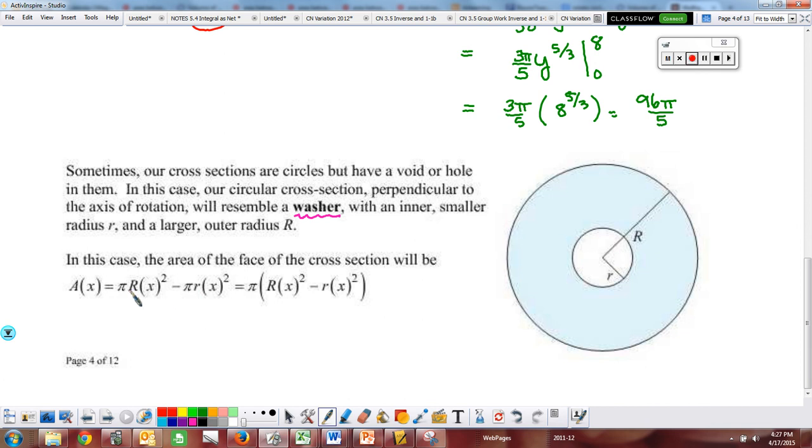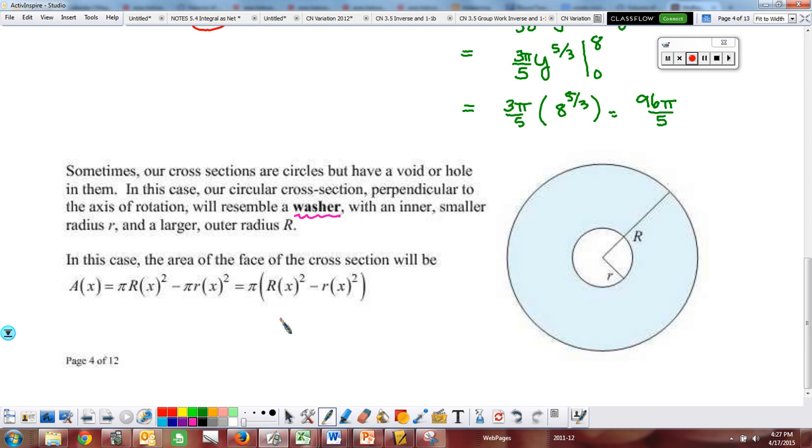And notice that capital R goes all the way out to the edge. Little r is going to go to where the hole is. So we have two different radii that we're talking about when we're doing a washer. And a lot of times when we do this problem, we like to pull the pi out. So you'll see it written as pi times the difference in the radii squared.